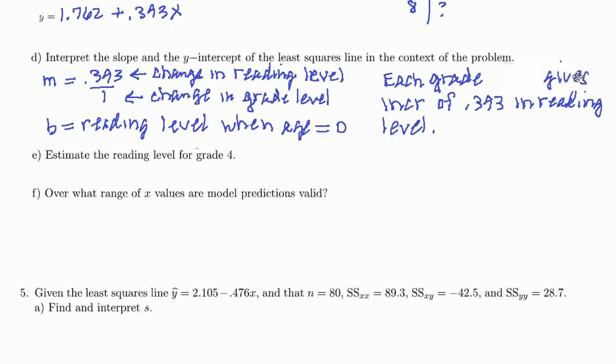Each additional grade level gives you an increase of 0.393 in the reading level. And then this would be the reading level at grade 0, which should be, I guess, kindergarten. So not when age equals 0, but when grade equals 0.